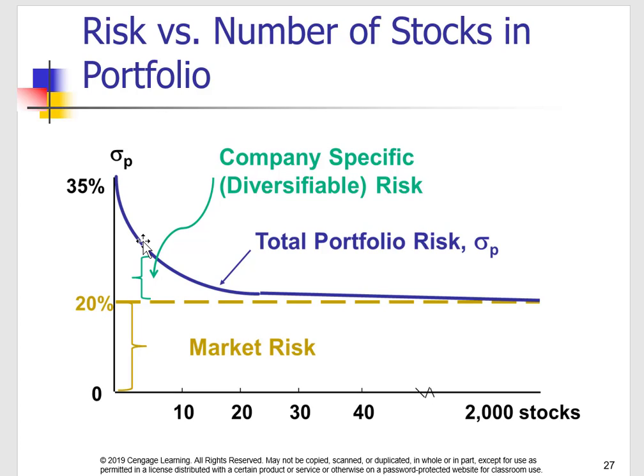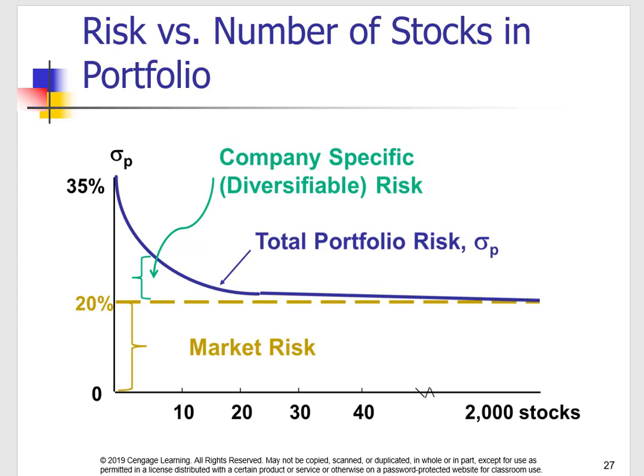Now, as you add more and more stocks together, it continues to go down, but eventually it's going to get to a point where adding more stocks will not dramatically reduce risk anymore. So at a certain point, increasing the number of assets doesn't benefit us by reducing risk more.